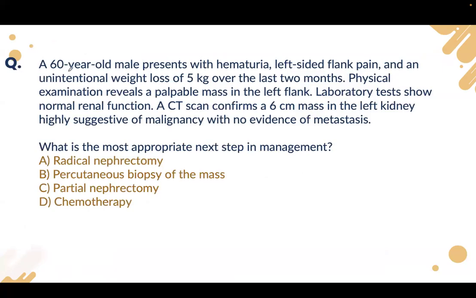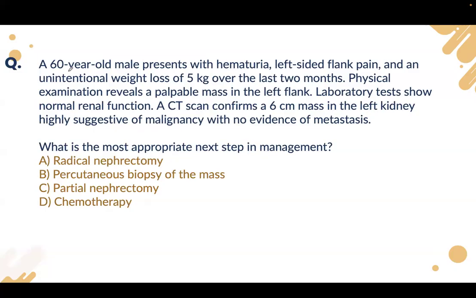Now let me show you this question. A 60-year-old male presents with hematuria, left-sided flank pain, and an unintentional weight loss of 5 kilograms over the last 2 months. Physical examination reveals a palpable mass in the left flank. Laboratory tests show normal renal function. A CT scan confirms a 6 centimeter mass in the left kidney, highly suggestive of malignancy, with no evidence of metastasis.